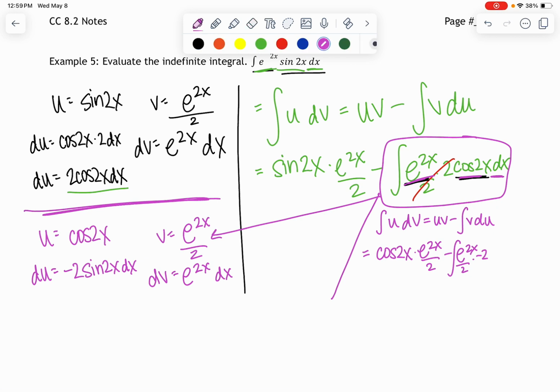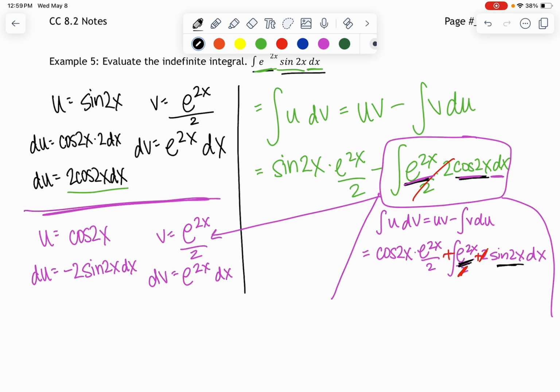Gotta make my box a little bigger. All right, you may notice that when we cancel out the 2's and cancel out the negative, I still have a product for this integral that I'm stuck with.